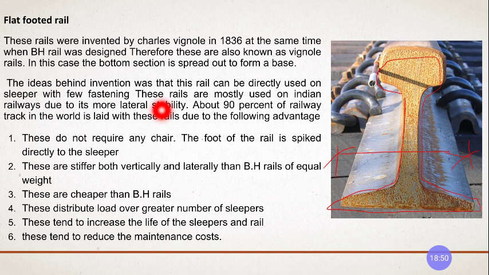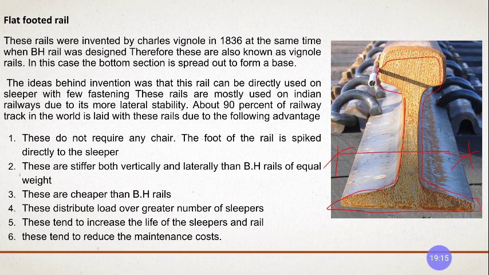Right? As I explained to you everything. These rails are mostly used on the Indian railways due to more stability. About 90% of the railway tracks in the world are laid with these rails due to the following advantages. Because it has some advantages, all over the world this type of rail is used.